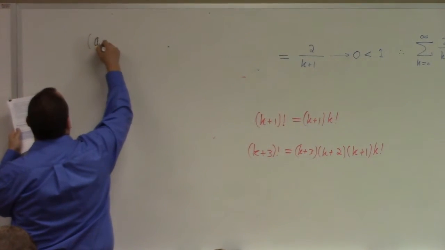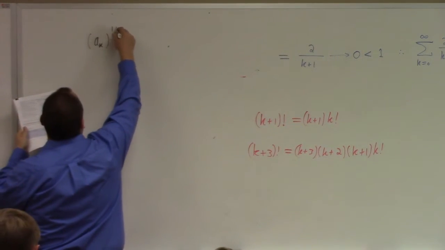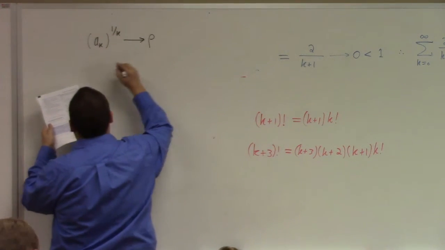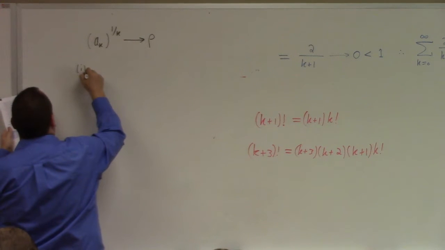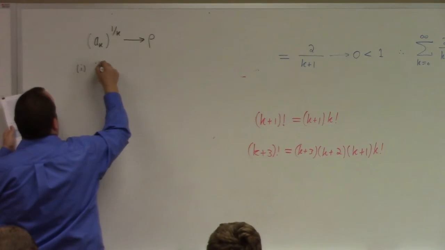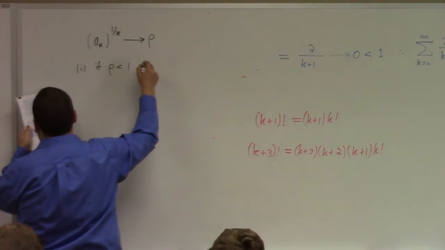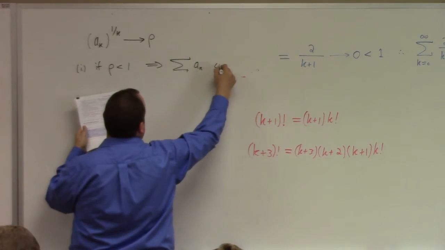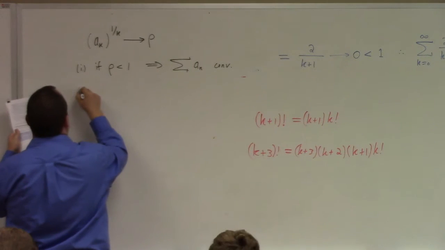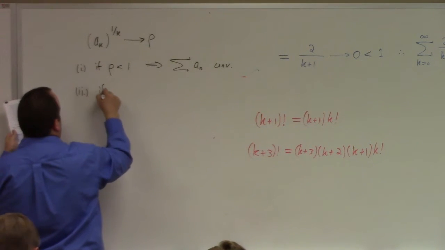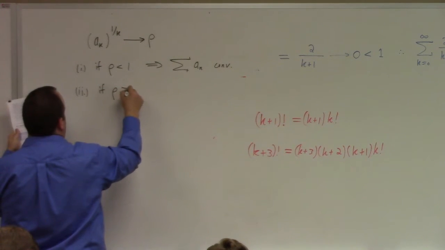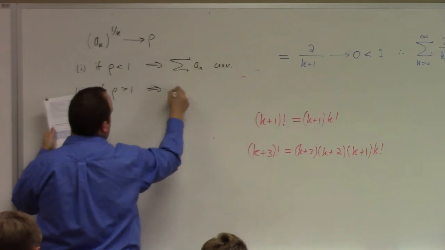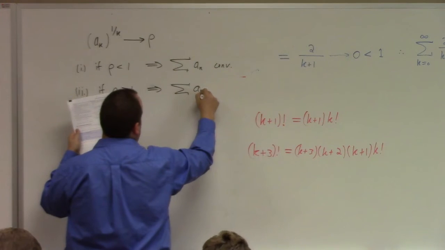If you have a sub k to the 1 over k, the kth root of it, if that goes to rho, then 1, if rho is less than 1, that implies that the series converges. 2, if rho is greater than 1, then that implies that the series diverges.